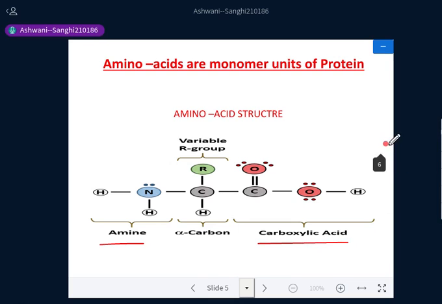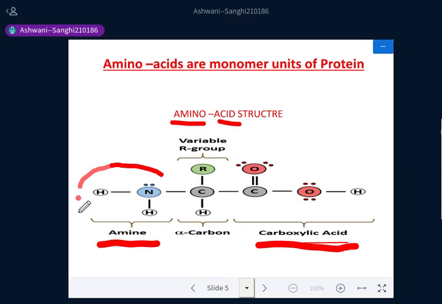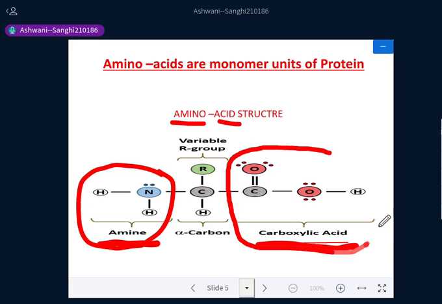These amino acids contain NH2, that is the amino group, and COOH, the carboxylic acid group. So they are called amino acids because they contain the NH2 amino group and the carboxylic acid group.